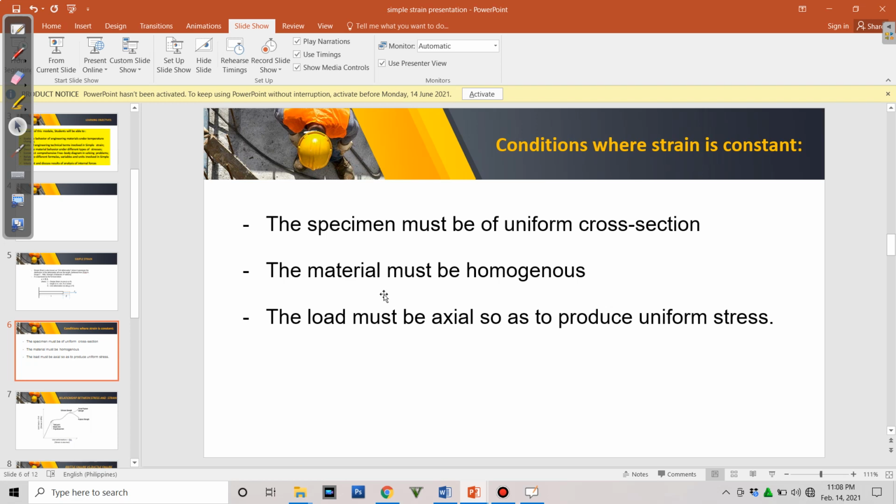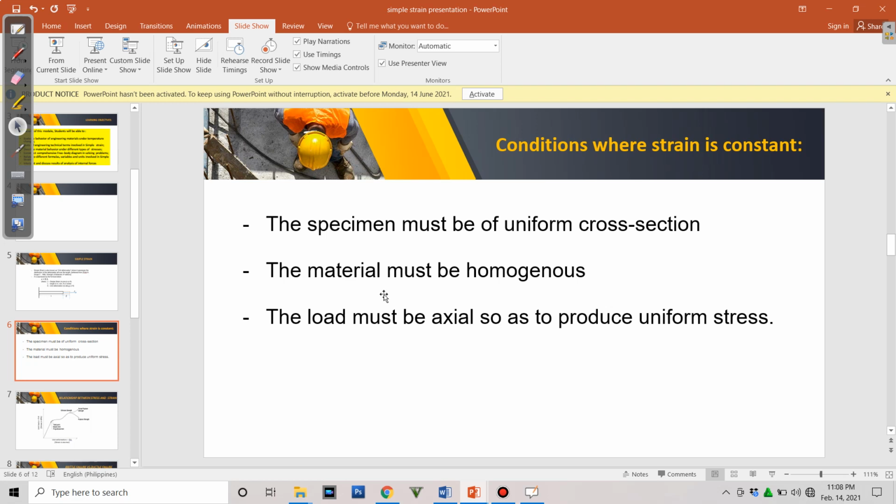It cannot be that from circular it will become an ellipse, or from ellipse it will become a rectangle. In short, it must be consistent. It should have a consistent shape all throughout the length for the strain to be constant.